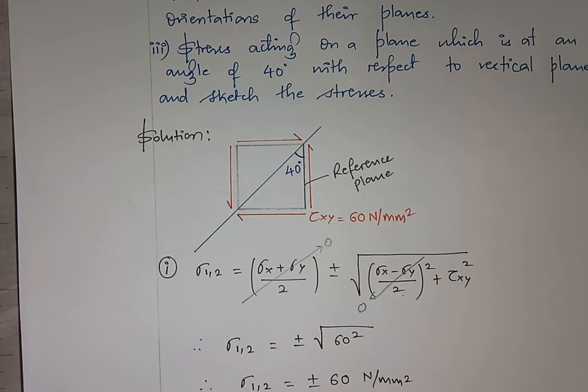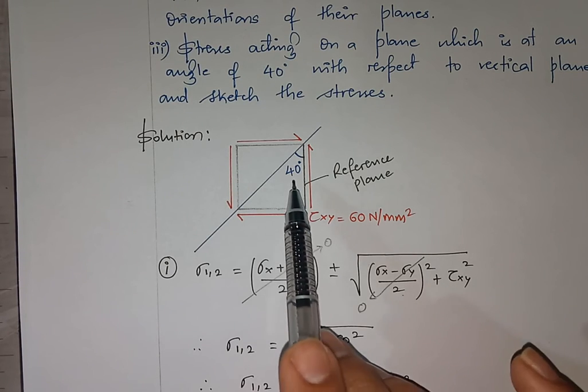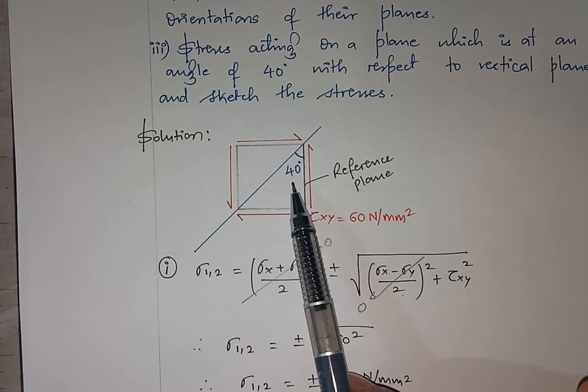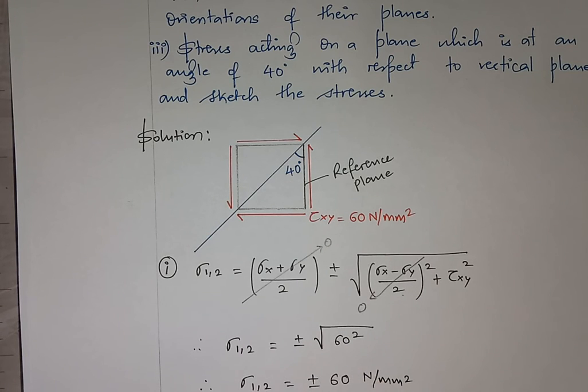So for anti-clockwise direction, I need to take the value of tau as negative, right? And also the value of theta should be taken as positive.